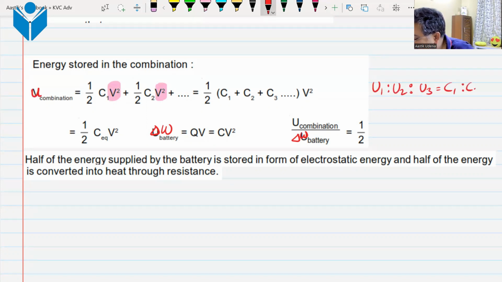And the total energy stored divided by work done by the battery: half of the energy is stored and the other half is lost in the form of heat energy. Do we understand this? Yes, sir. I'll give you 2 minutes to note this down.